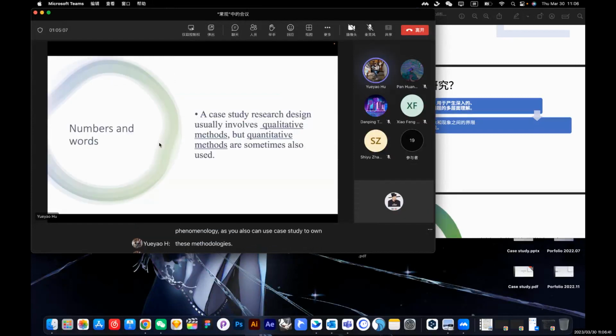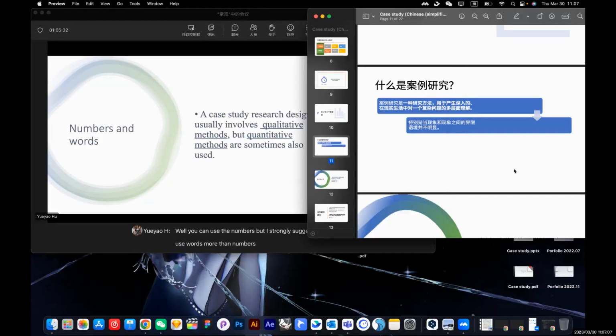So numbers and words. If we go to the MBA department or financial department, you would see they all use case study. So case study involves numbers and words. What I want you to be aware of is that when you use case studies, you can use numbers, but I strongly suggest you use words more than numbers.